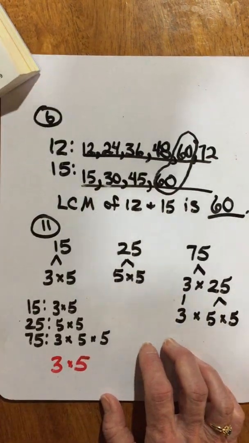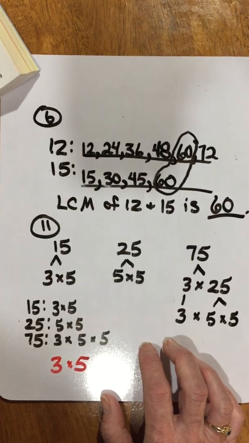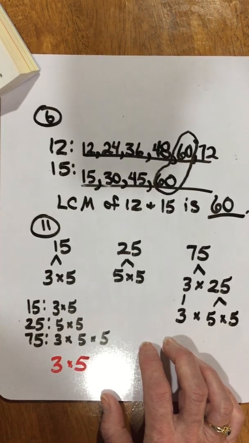I'm up to 15, but I need to keep on trucking here. Find the product of all the prime factors that they have in common, using them only once, and any remaining factors.